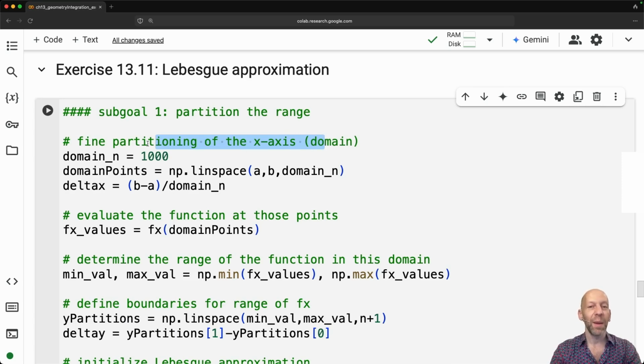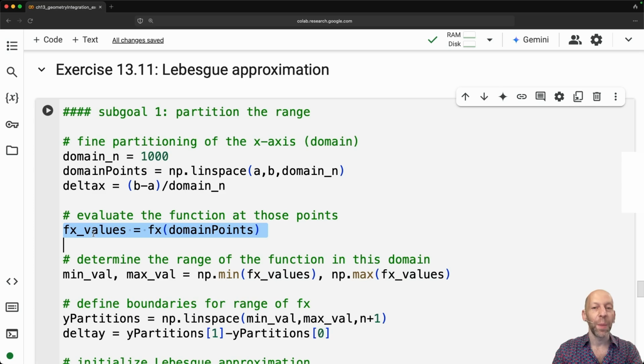Okay, so we need to partition the range, but in order to do that, we first need to partition the domain, but here we're getting a high resolution. Okay, so this is a very high resolution. So delta x is going to be some very small number. Again, this is not used for the approximation of the integral. This is only used to evaluate the function, and that is going to allow us to identify the minimum and maximum values of the range.